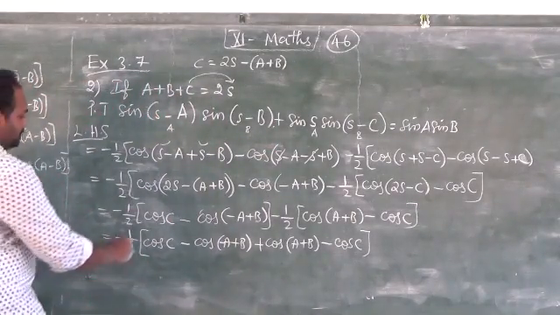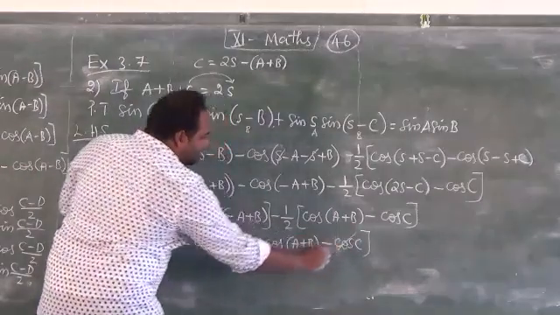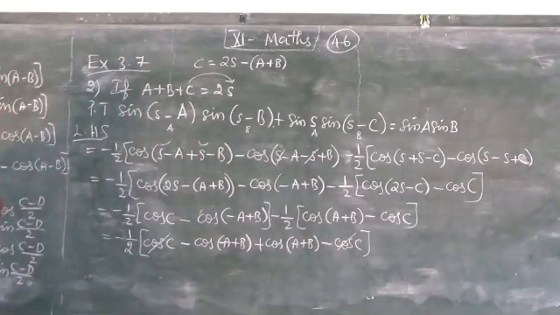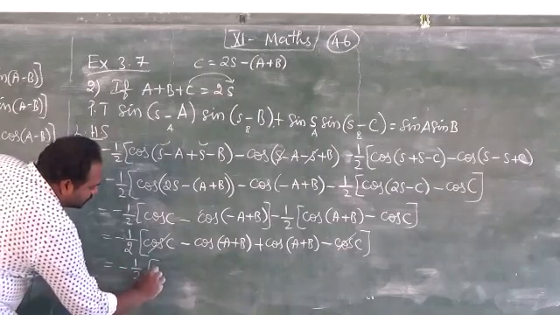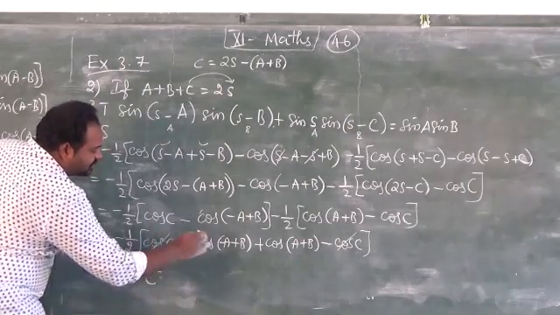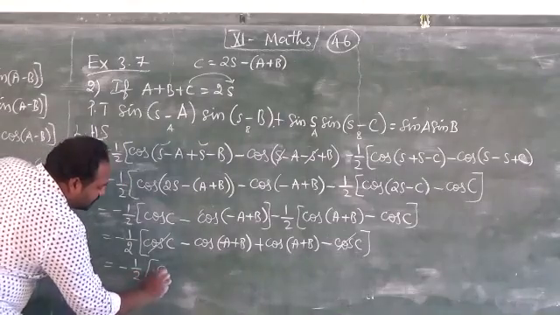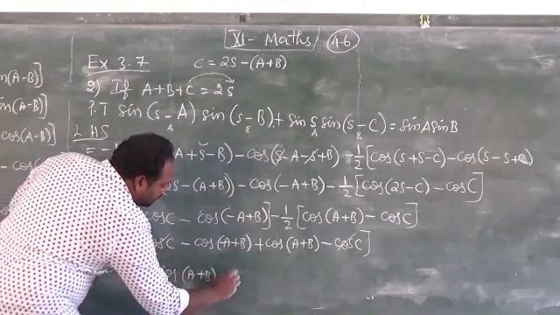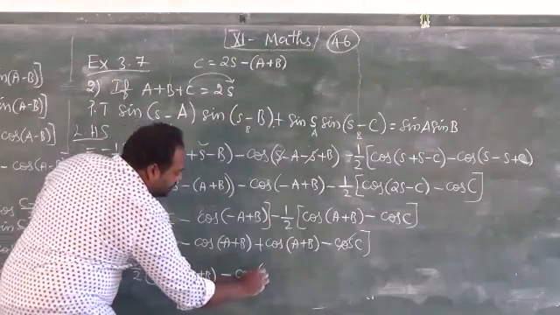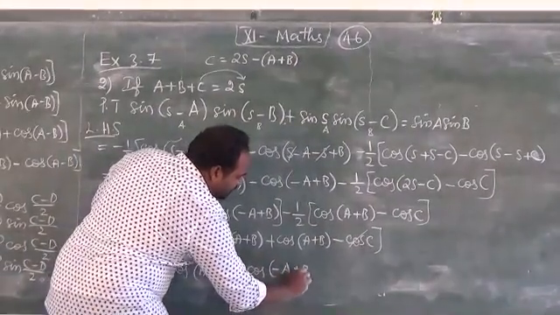Here, now we have a cancellation: cos c minus cos c will be cancelled. You will get minus 1 by 2 into, I am just rearranging the terms, cos of (a + b) minus cos of (−a + b).